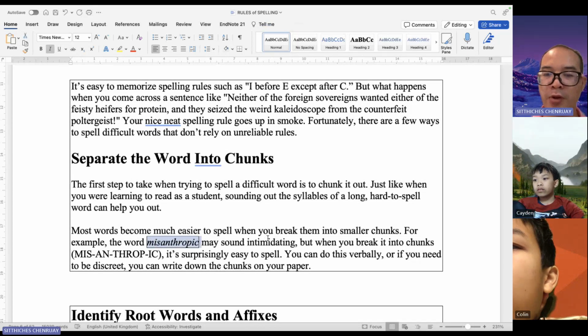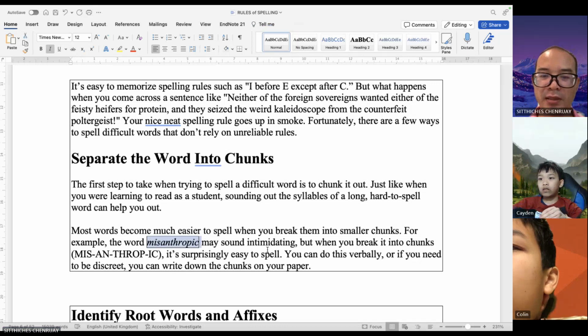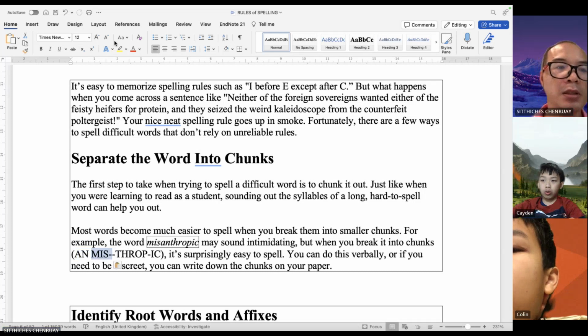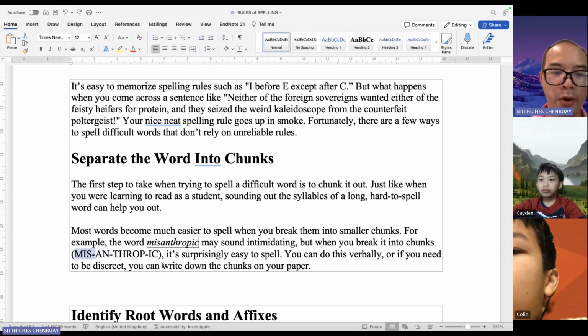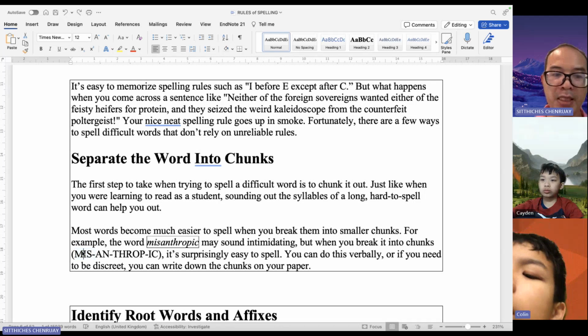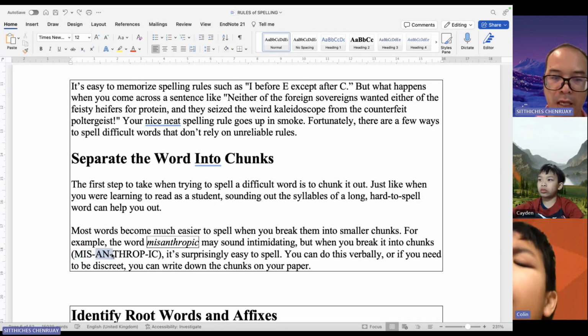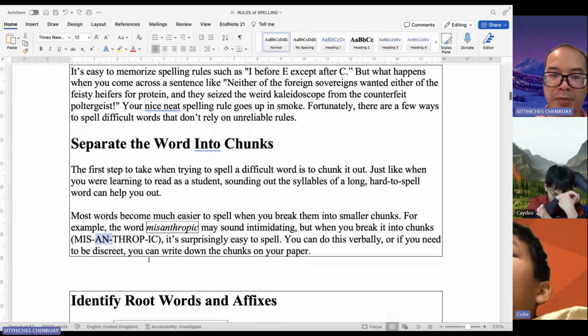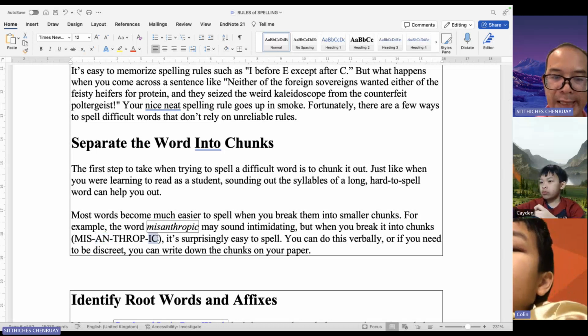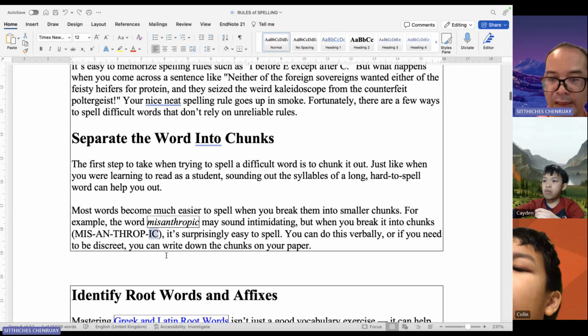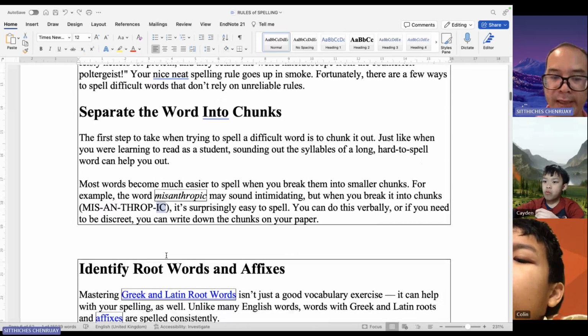How do you remember it? You may break it into chunks like this: mis, anthrop, and ic. Mis is a prefix, anthrop maybe means people, and the suffix makes it an adjective, right?